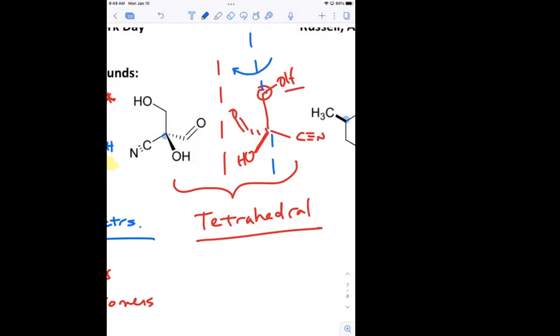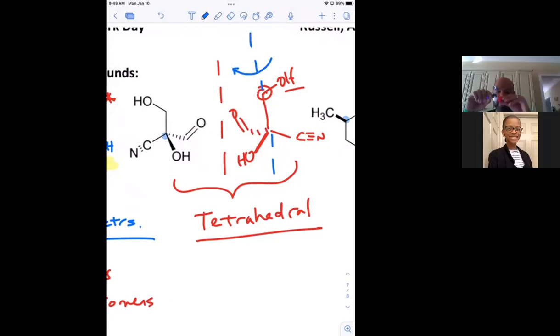Let me bring my video back up because I can show you that. So let's just say, for the sake of argument, that the oxygen is on a wedge. Let me take this off and put another atom on. All right. So let's say that the oxygen here is the red atom. The aldehyde is going to be this green atom. You following?